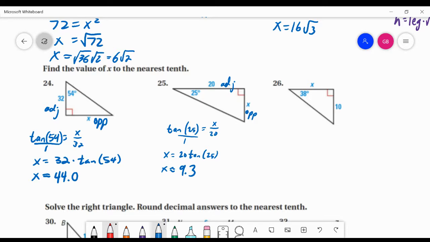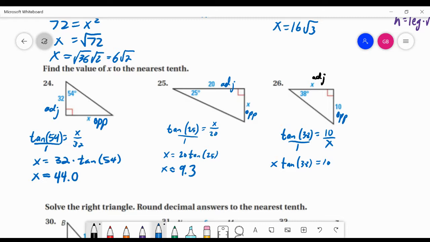And then for 26, 10 is opposite, x is adjacent. Okay, so check out this setup here. So the tangent of the 38-degree angle is 10 over x. Okay, this is a little bit different. When you cross multiply, you get x tan of 38 is 10. X is not by itself yet.